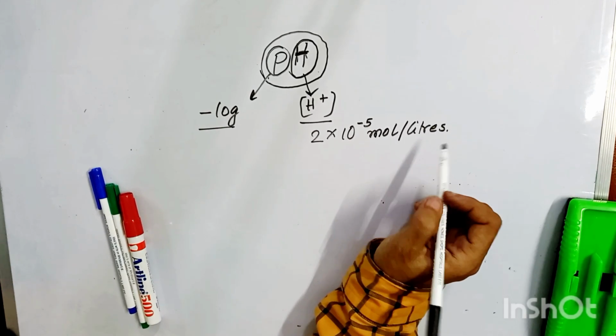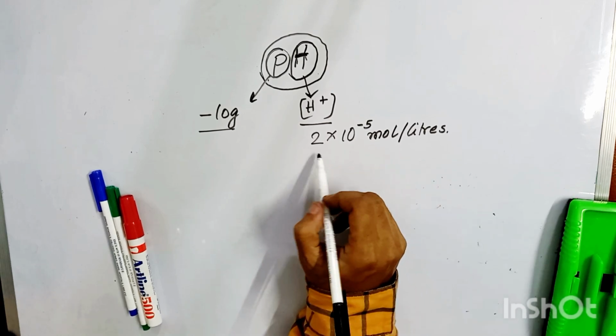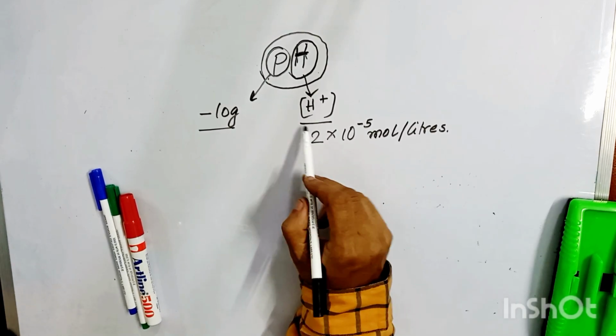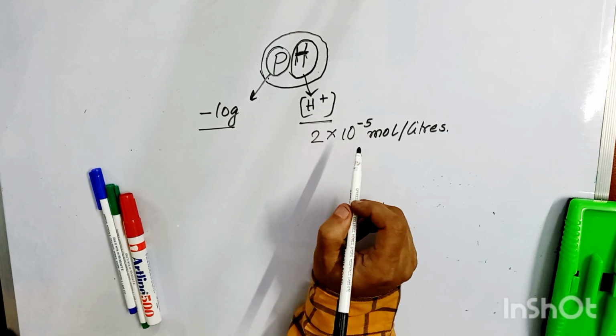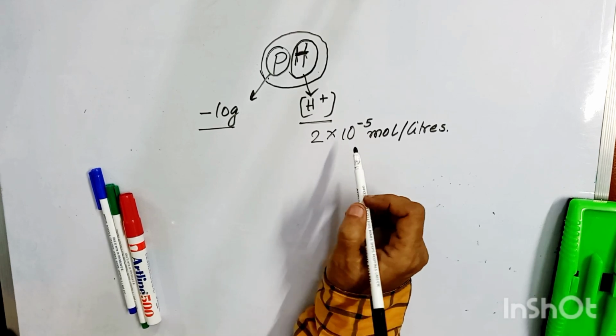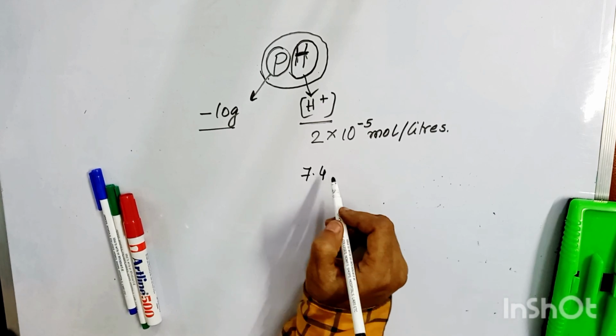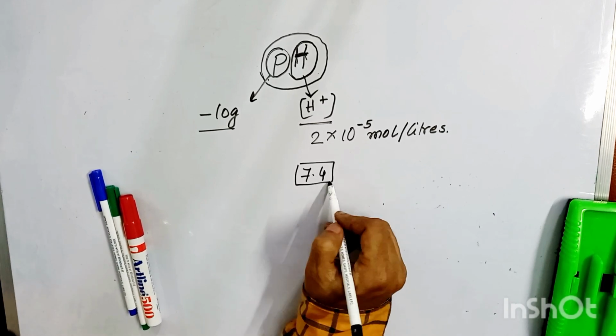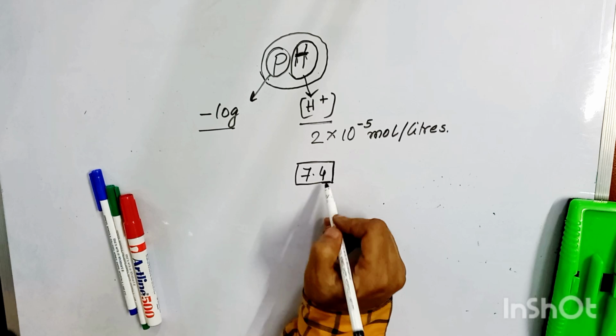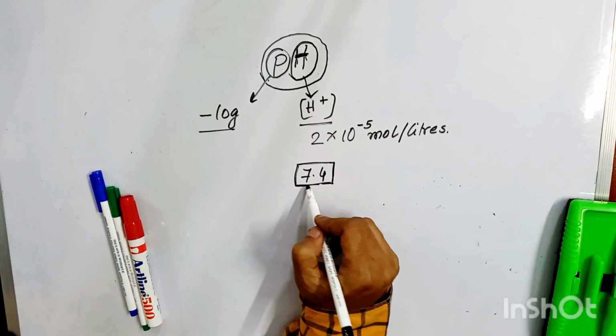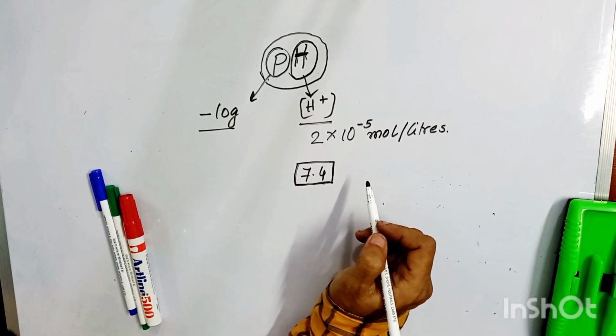In biological fluids, there is a range of hydrogen ion concentration. We know that our body pH is around 7.4. Our body is slightly alkaline and it is maintained at a pH of 7.4.